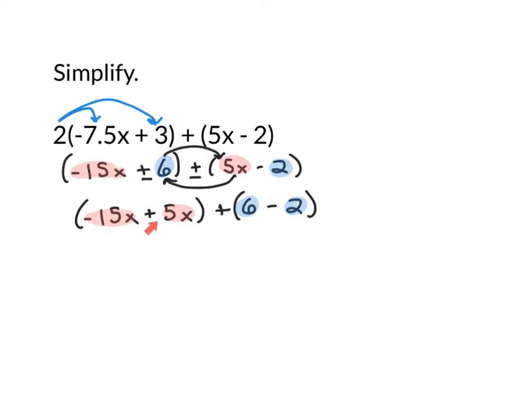Negative 15 plus 5, that equals negative 10. And we just have to include that variable x, negative 10x. Copy your plus sign. 6 take away 2, that equals 4. And now we have found the sum of this expression, and that means that we have simplified.